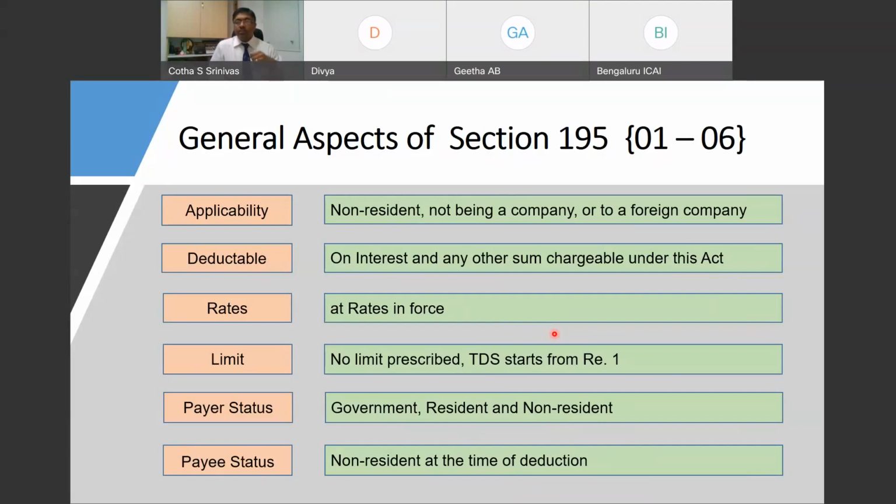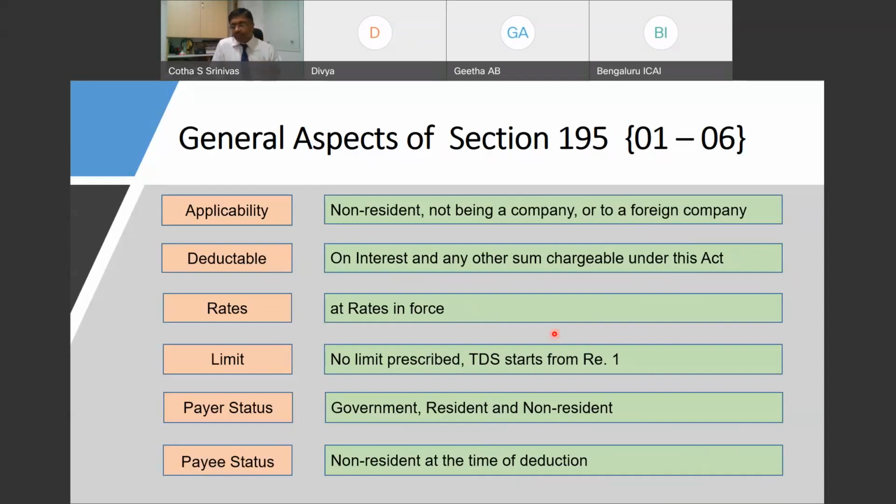But during the financial year, when you are making payment to a person and you have to determine his status, do you have to wait till the end of the year to determine whether he is a resident or non-resident, or at the time of deduction? It says that the status of a non-resident should be determined at the time of deduction, not at year end. Practically it is not possible to wait till the conclusion of the year to apply the TDS provisions.